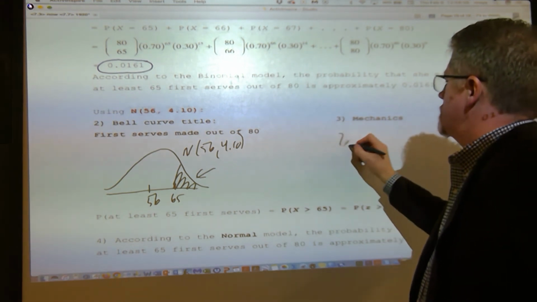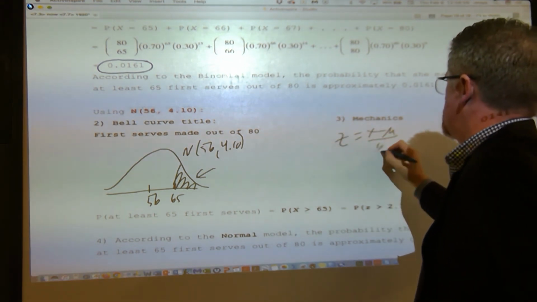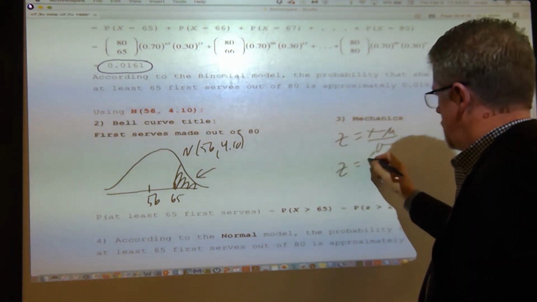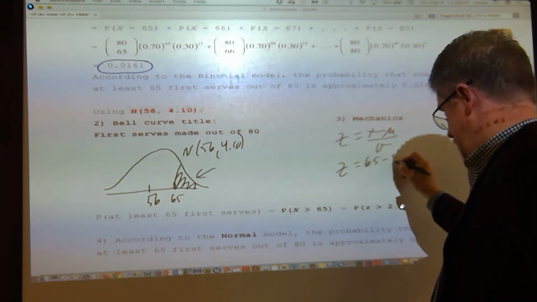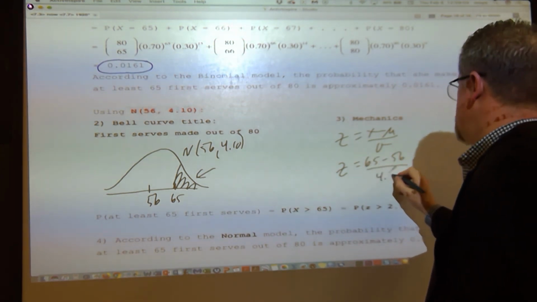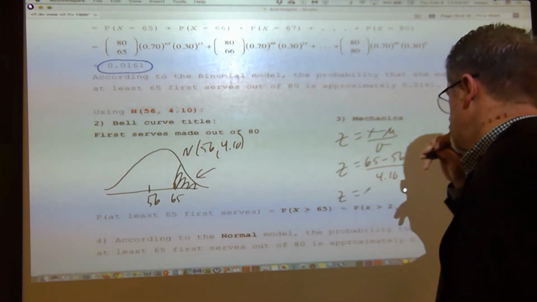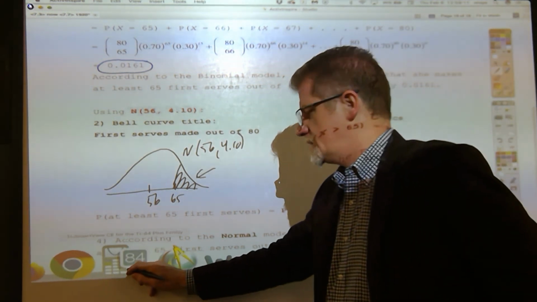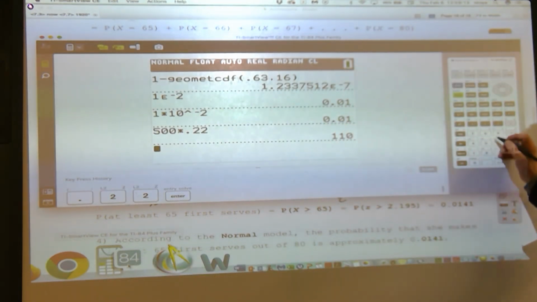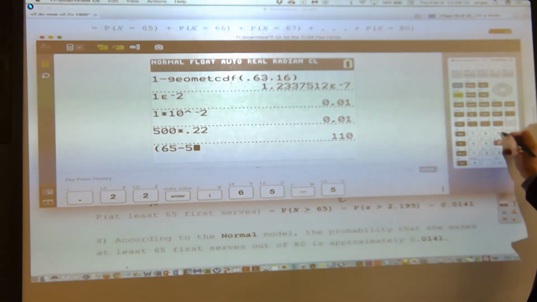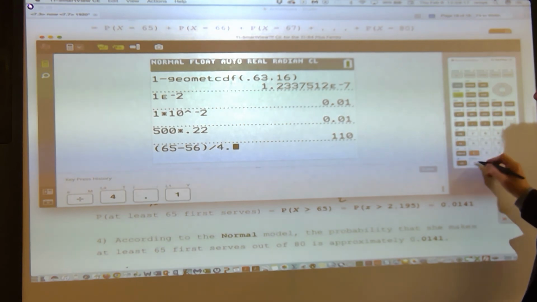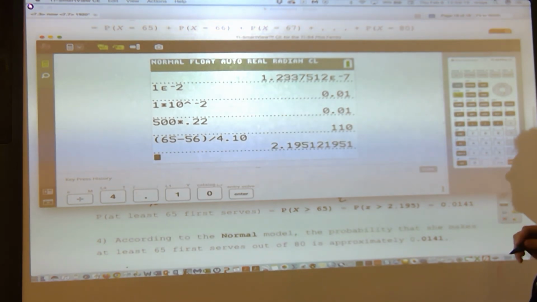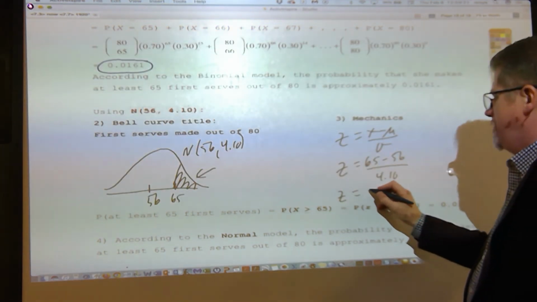We need a z-score, so z equals x minus mu over sigma. x is 65, the mean is 56, over 4.10. 65 minus 56 gives a z-score of 2.195.